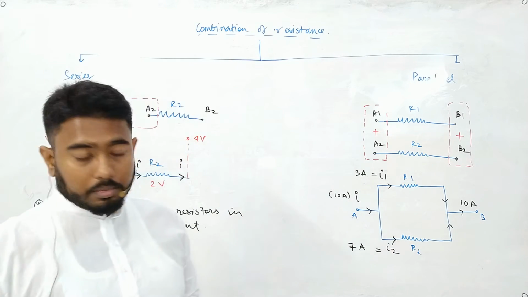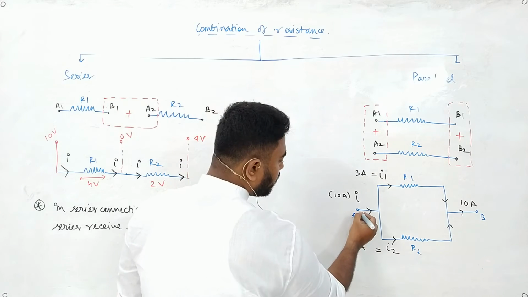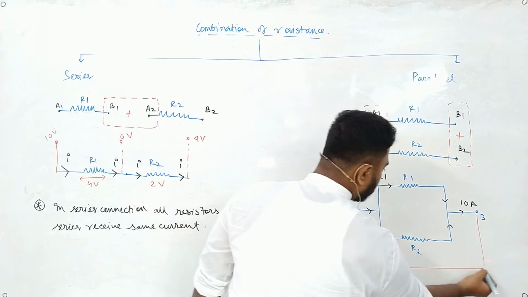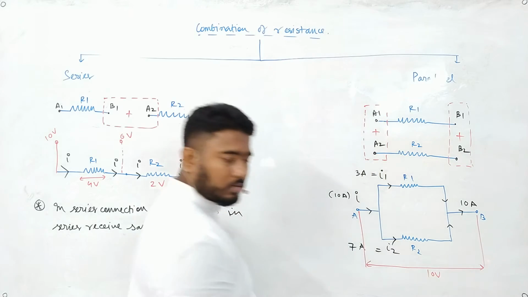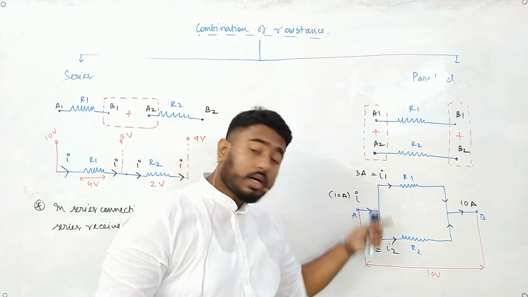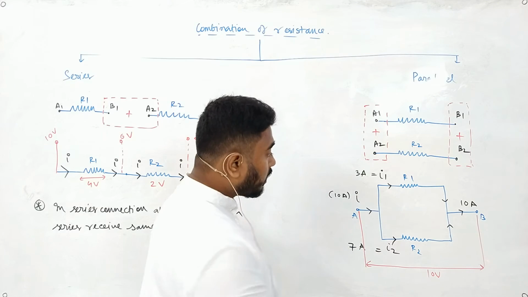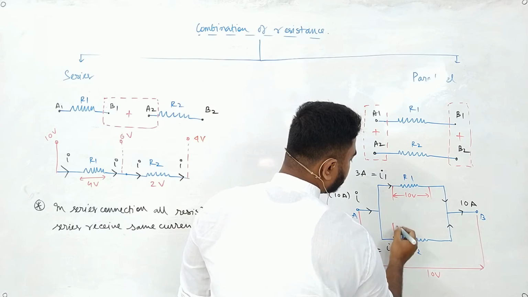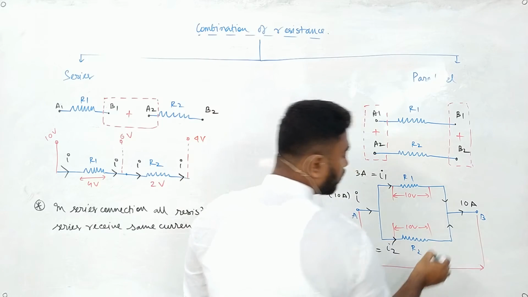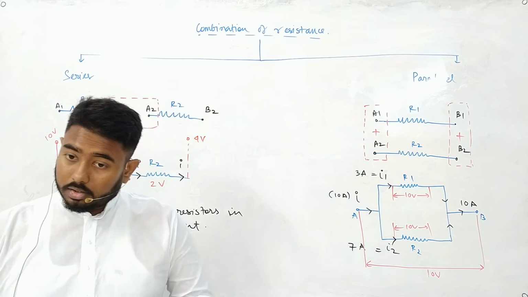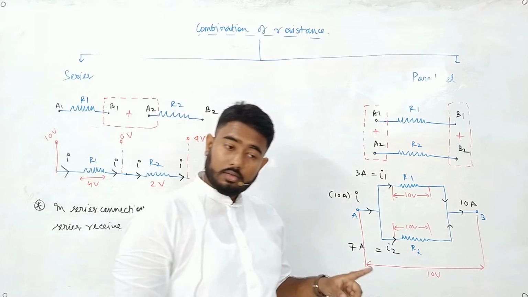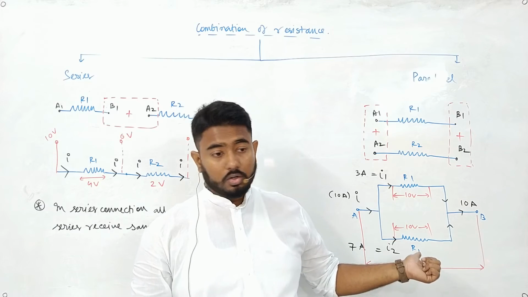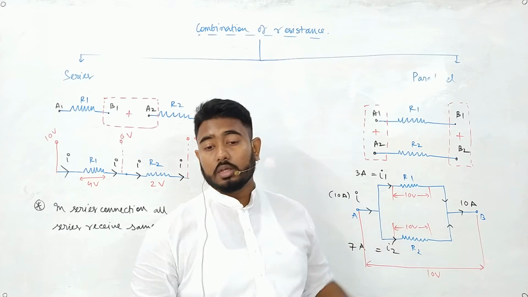Now let us come here. In this case, you have to keep this in mind. Suppose the voltage across A and B is 10 volt. It will adjust the current in such a way that the voltage drop across this will be 10 volt and this one will also be 10 volt. So it will adjust the current. So is voltage changing in parallel combination? No, voltage will always be the same.